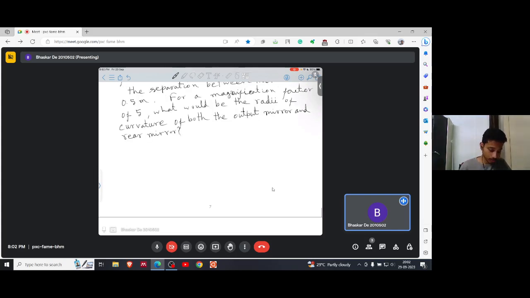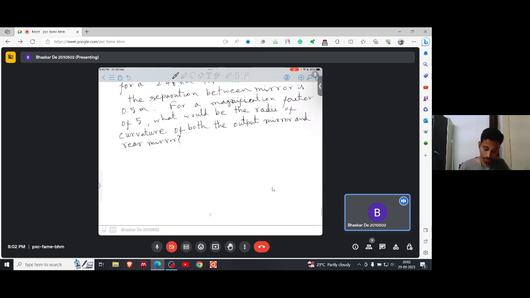So now there are two questions. One is what would be the ratio of curvature of both the output mirror and rear mirror?